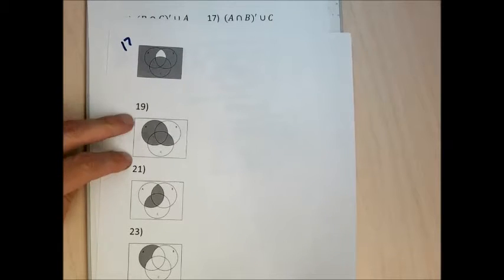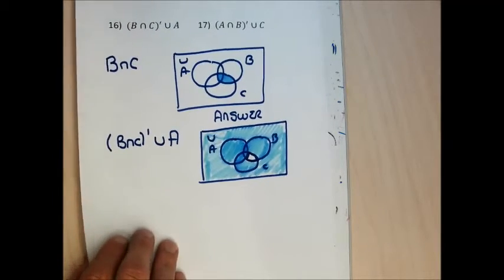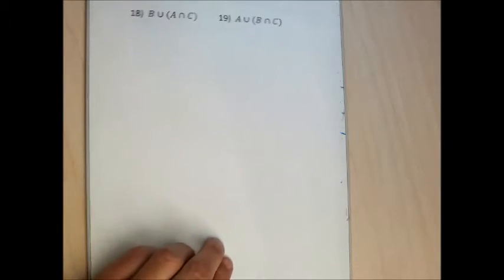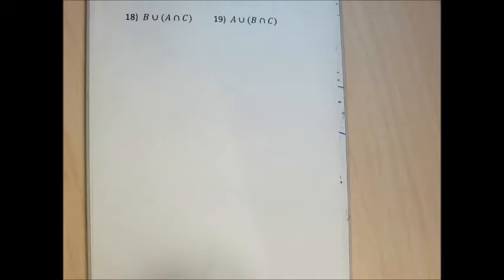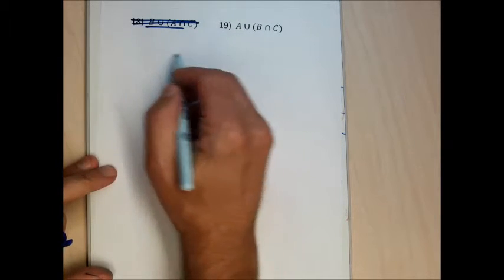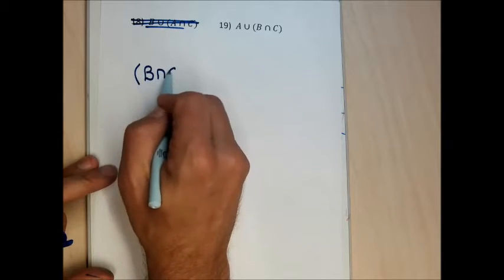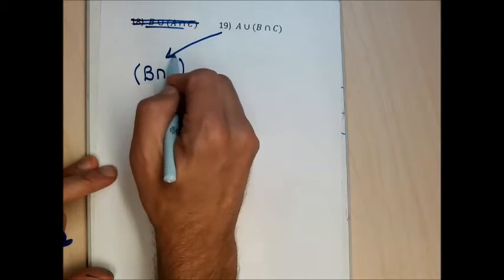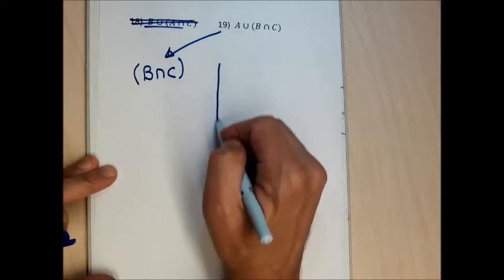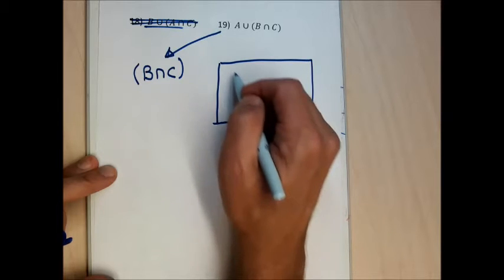Let me walk through 19 with you and see if we can get this really odd looking region for our shading. It's actually going to be an easy problem. So in 19, I won't do 18, I'll do number 19 for you. Because there's a parentheses, I have to do it first. So the inside of the parentheses in number 19 wants me to do B intersection C. And again, that's just where the B and the C circles overlap.